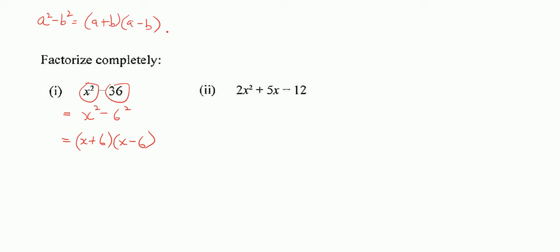The second part that we need to factorize is a quadratic expression, 2x squared plus 5x minus 12. Now, if you had looked at my video regarding factorizing, we know that we need to find two numbers whose sum is 5 as the middle term in the expression, and whose product is equal to 2 multiplied by minus 12.